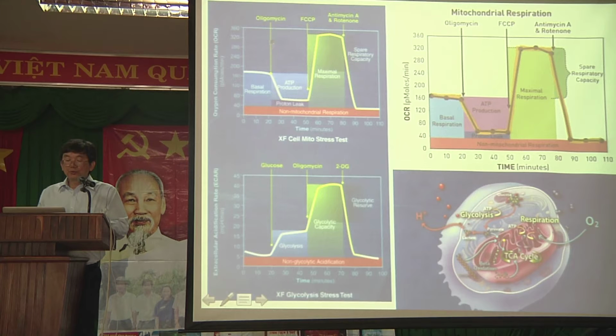You do that for a period of time, about 20 minutes, to get a stable reading, and then you add the drugs, oligomycin, followed by FCCP, antimycin, rotenone, etc. The purpose is to assess what proportion is baseline respiration, what proportion is based on oxidative phosphorylation, and what portion is the spare respiratory capacity.